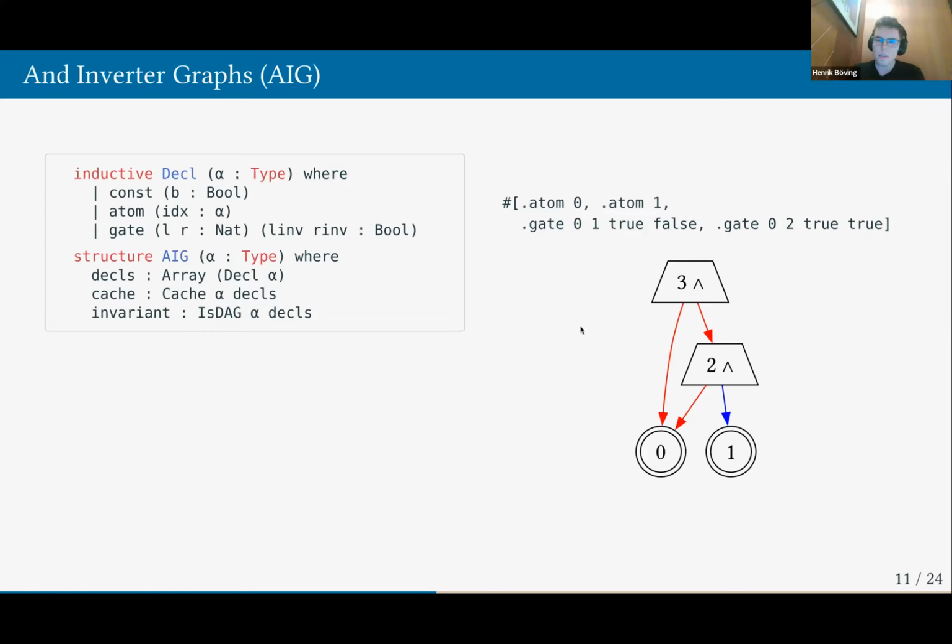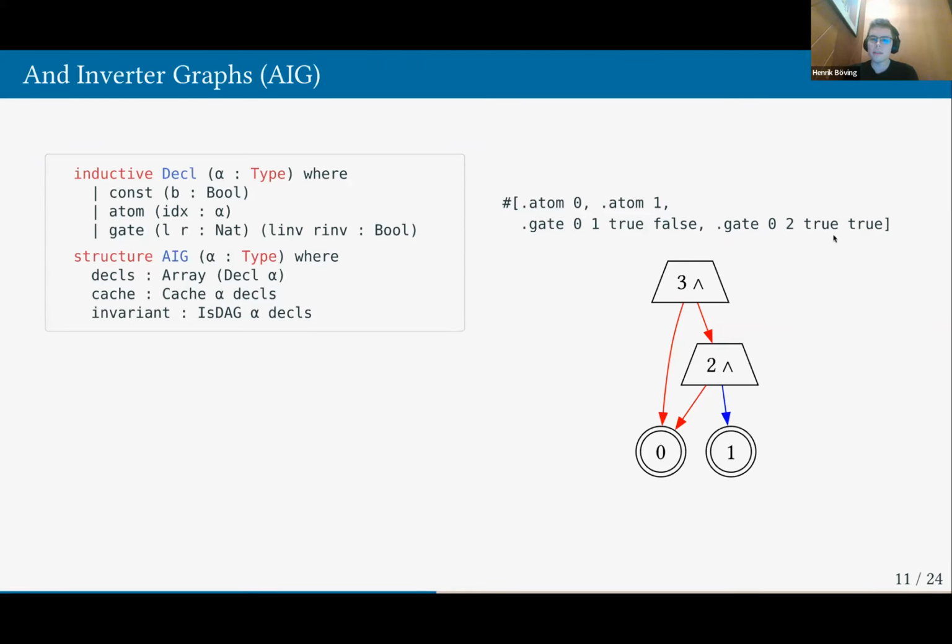And that's because we want to have sharing in our circuit. So if you look here, 3 and 2 both share this input node 0 here. So the way this is implemented is in the AIG itself, we have an array of declarations, and then L and R are just indexes into this array. So over here is basically the array representation of the circuit below.